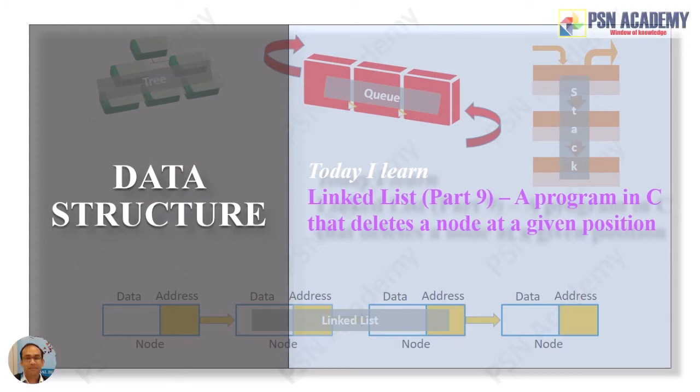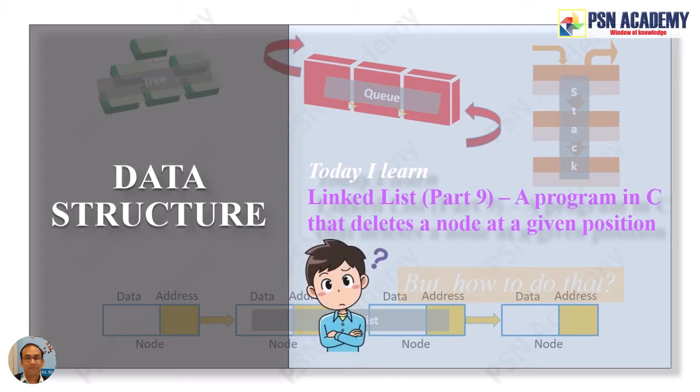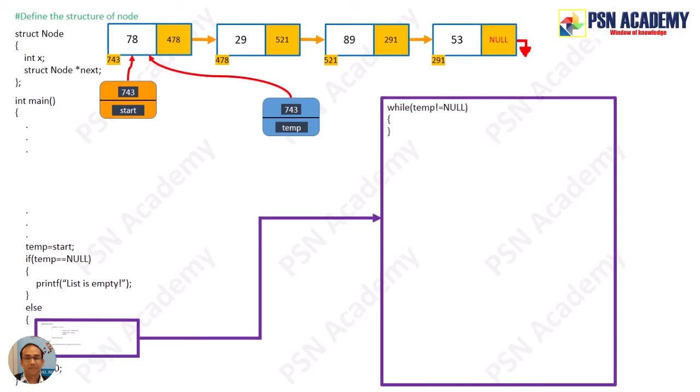In this video, we will learn how to delete a node from a linked list at a given position. Let us consider this linked list, and this linked list has 4 nodes.